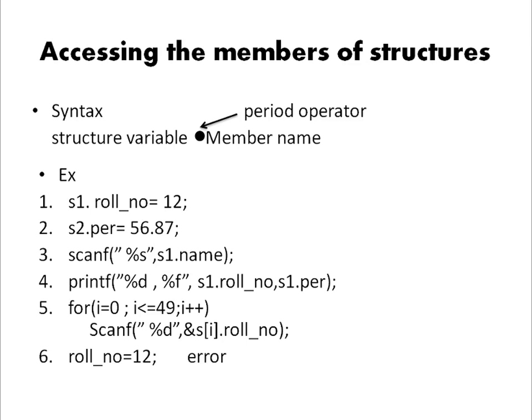So when I say roll_number, it refers to a variable which doesn't exist. Since it doesn't exist, there is no question of assigning a value. So whenever a member belongs to a structure, it should be accessed only by its variable, right? This is how we are going to access the members of the structure.